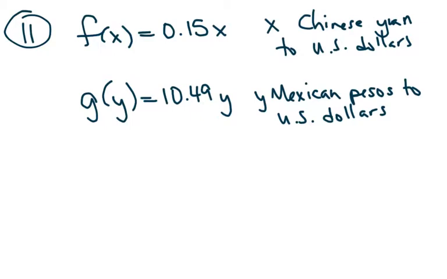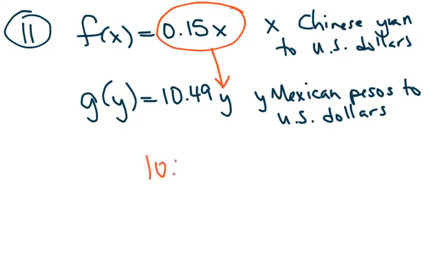In order to do this, we're going to do a composition of functions. And because there are no plus or minus signs going on, the order in which you do your composition doesn't actually matter. However, since the problem says that it wants the number of Mexican pesos equivalent to x Chinese yuan, we want to have x still in the equation. So we're going to take this and plug it in here for y.